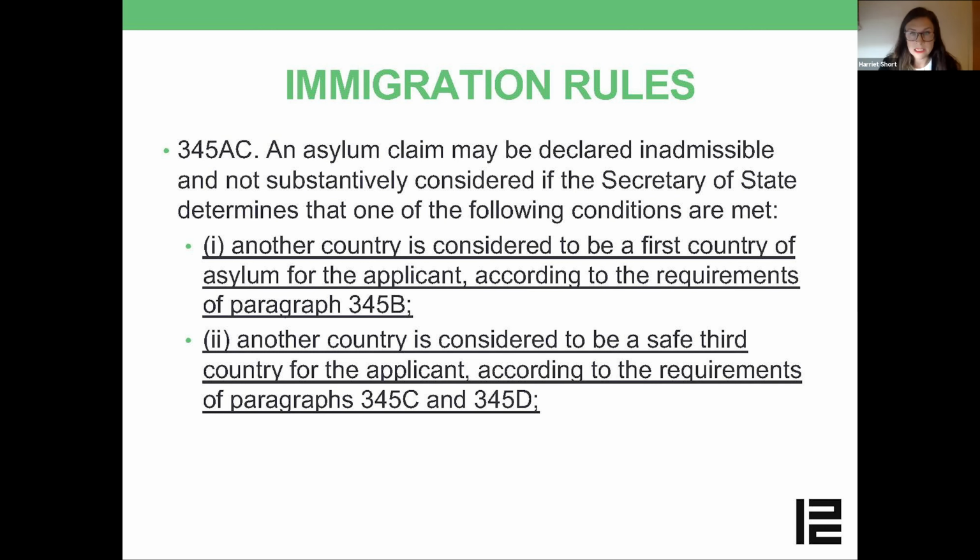Paragraph 345AC, this is only part of it, but the parts that are relevant to us now provide that an asylum claim may be declared inadmissible and not substantively considered if the Secretary of State determines that another country is either the first country of asylum or is considered to be a safe third country.